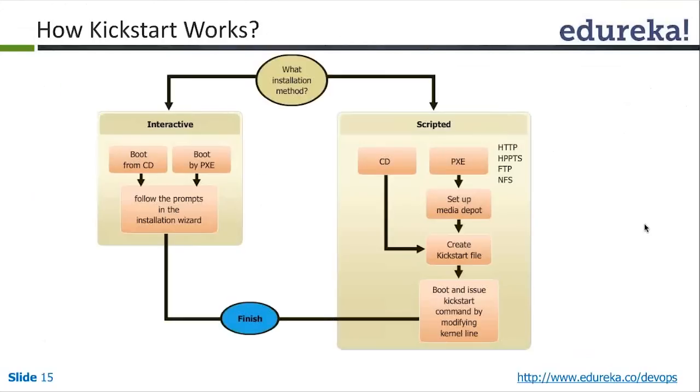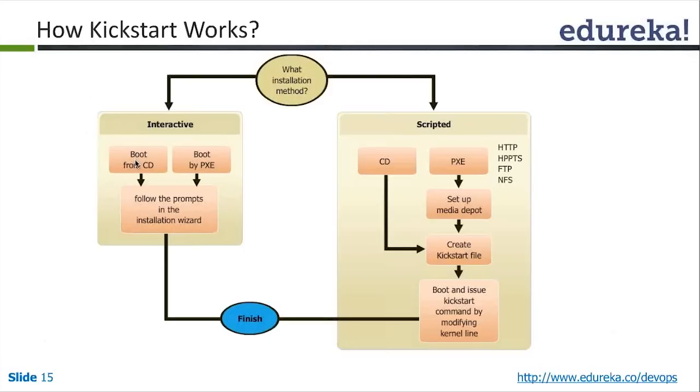Okay, so it's the same thing about how this whole process works. On the left side, we are talking about how it would work manually. Earlier, Kickstart could also be installed through a CD-ROM.